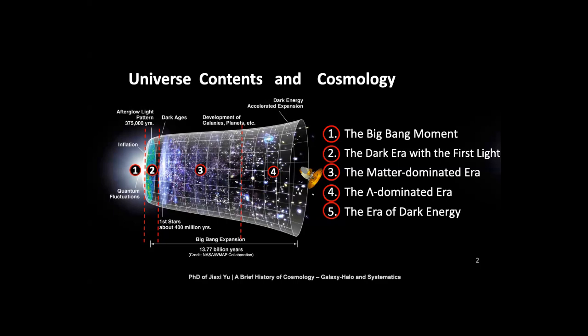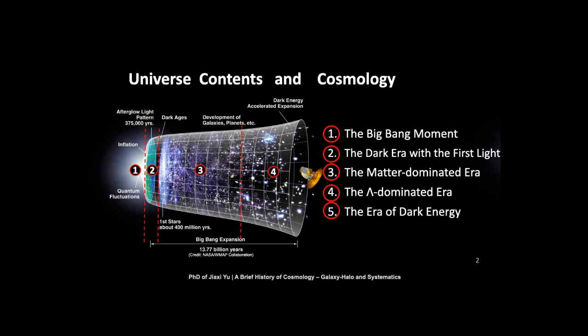The Big Bang moment, which tries to explain the early universe. The dark area with the first light, which is the first time we start to try to understand what the universe is and how it expands.